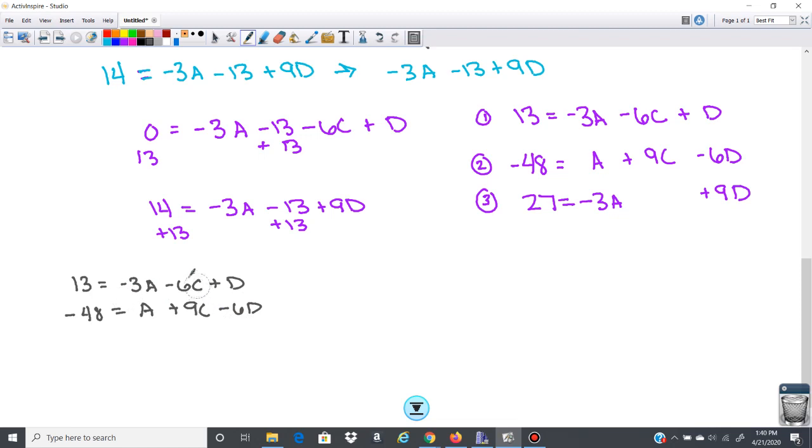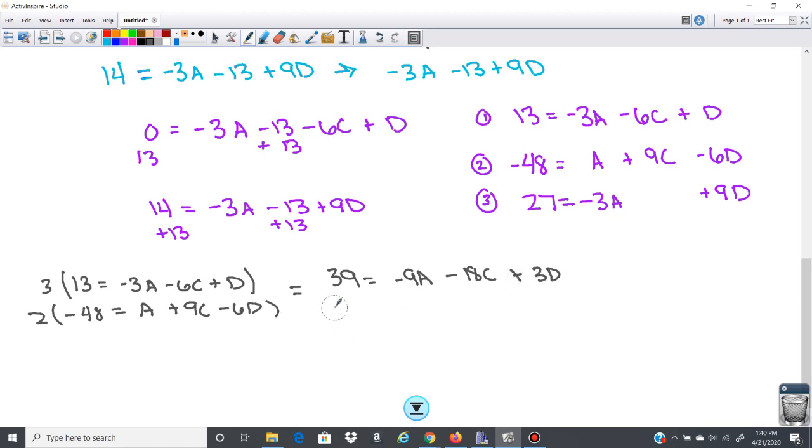Let's see, how would we eliminate this? It looks like we can make these both into 18. So if I multiply this by 3 and this by 2, then we can go ahead. So 3 times 13 is going to give me 39. So 39, and then 3 times negative 3, negative 9a, negative 18c plus 3d.